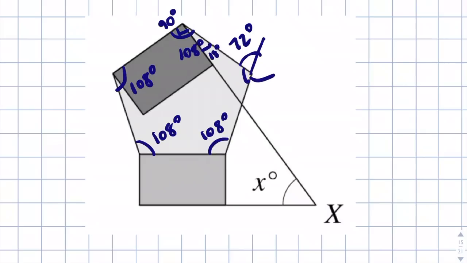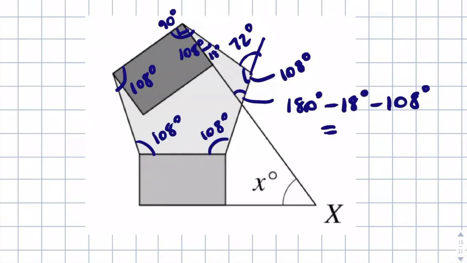Now we know what this angle is because we just worked it out. It's the interior angle of the pentagon, which is 108. So we can work out this angle here. Well, we've got a triangle here, so we can say 180 minus 18 minus 108. Now minus 18 minus 108 is minus 126. And 180 minus 126 is 54. So that's going to be 54 degrees.